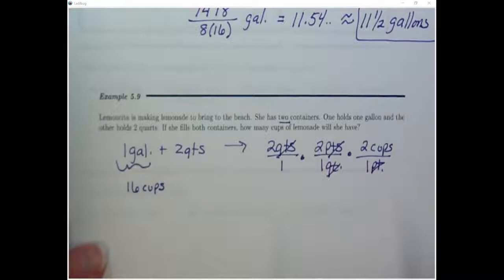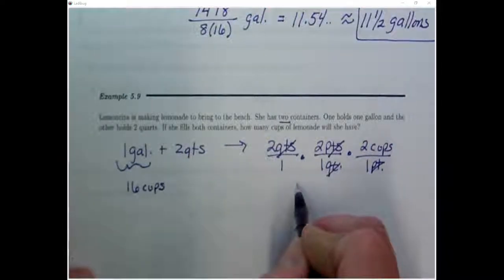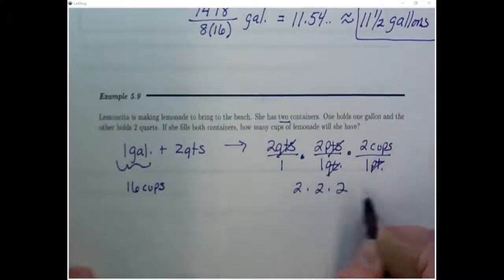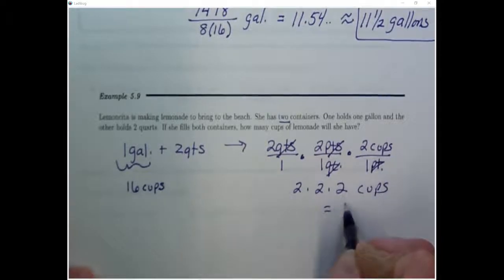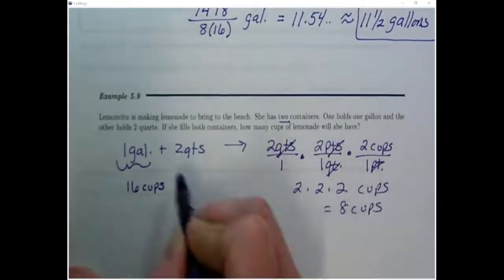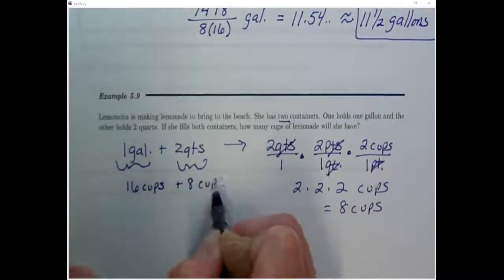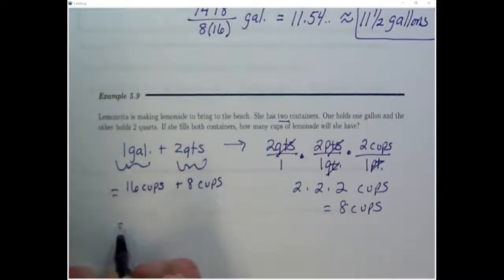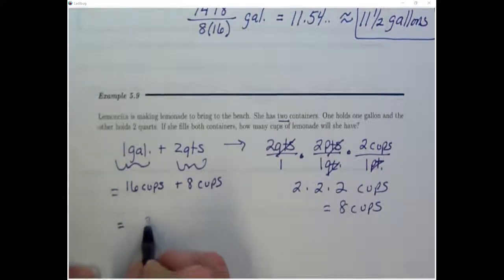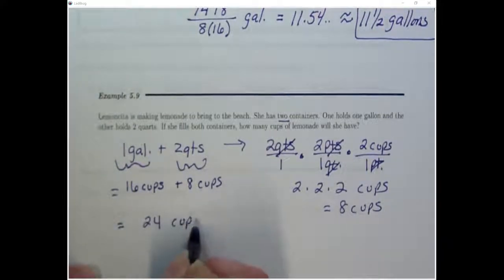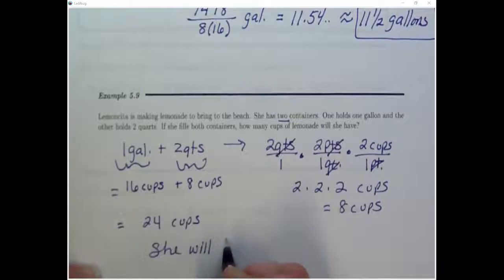So 2 quarts will give us 8 cups. 2 times 2 times 2 cups equals 8 cups. So all together, we're going to have 24 cups of lemonade. Make sure you write the sentence for word problems.